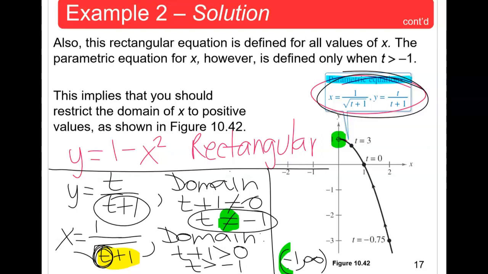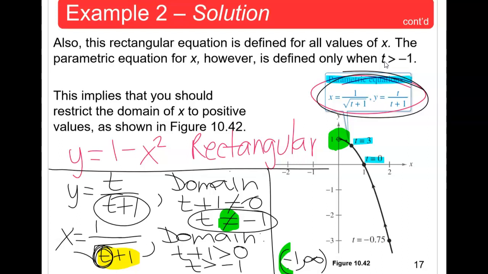However, you could still calculate what would happen at -1, but that point gets represented by the open circle that you can see here. That would just give you a good starting point. So here you could see other values that they chose, t equals 3, t equals 0, and those are the points of the graph.